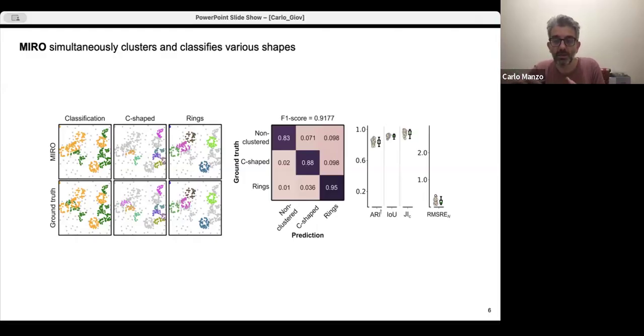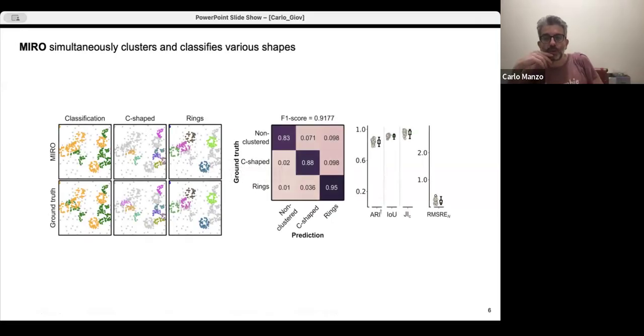The algorithm is able to learn the difference between these two and simultaneously classify the structures. And notice that this case is not trivial, because two C-shapes that are one facing the other form a ring. So the algorithm really needs to learn the detail of the structure in order to be able to separate these two different shapes.